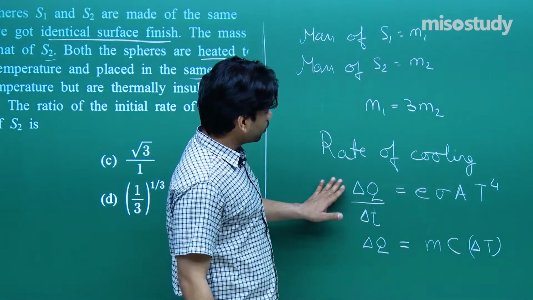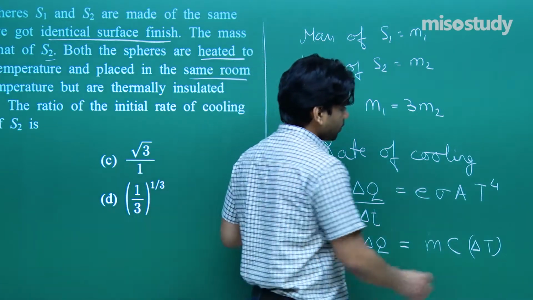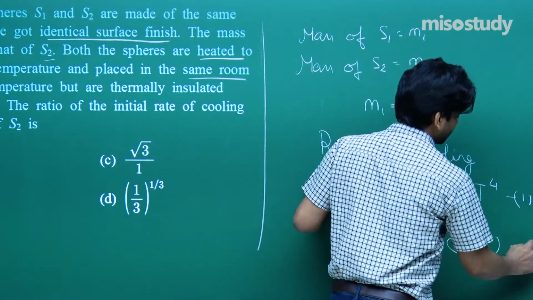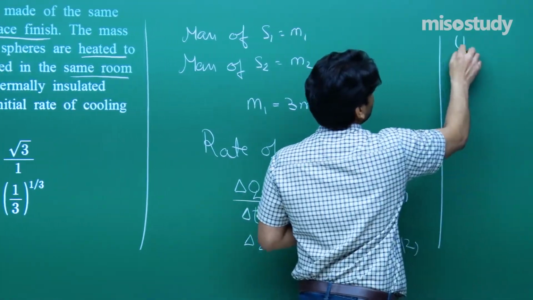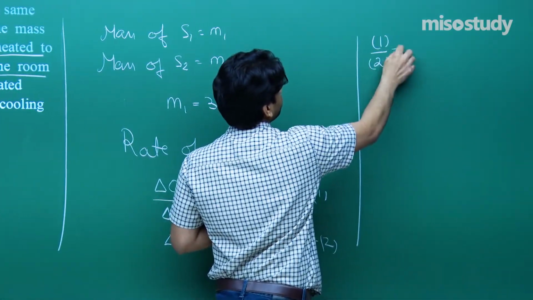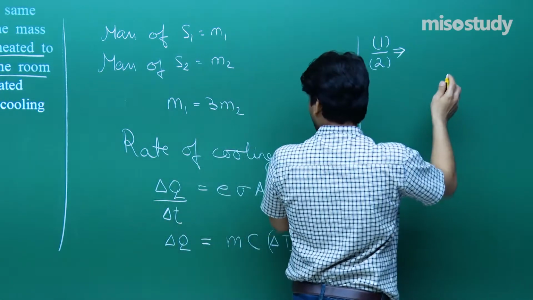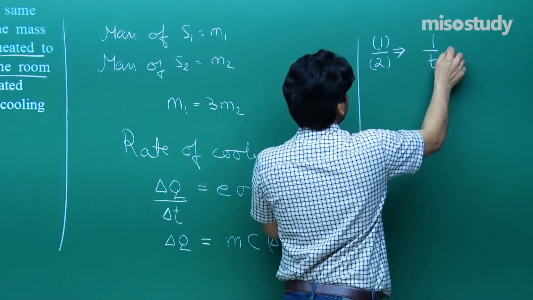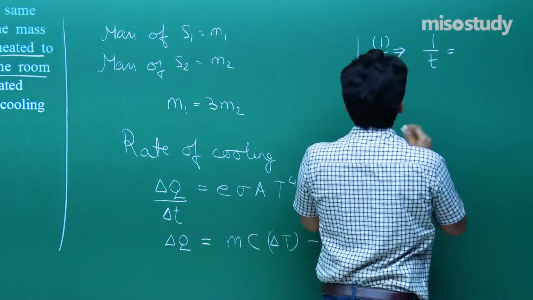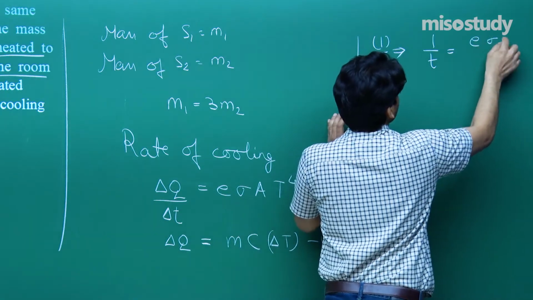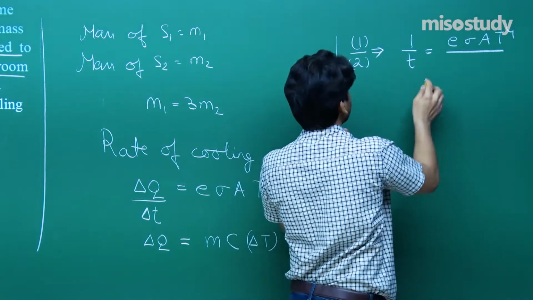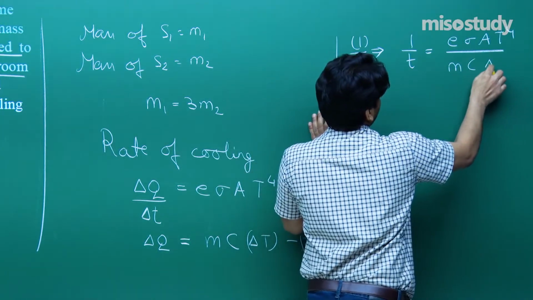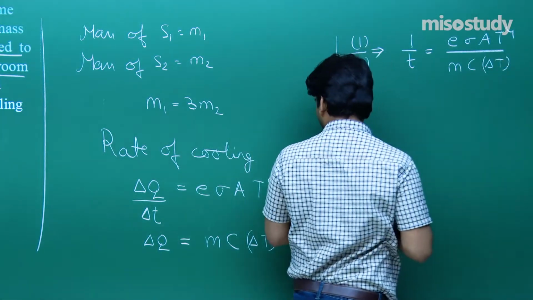Now what you do, you divide this equation number 1 by equation number 2. See what you are going to obtain when you divide equation number 1 by 2. You will be obtaining delta Q by delta Q will be cancelled and we will be getting 1 by T is equal to E sigma A T to the power 4 divided by MC delta T. This is what we are going to obtain.